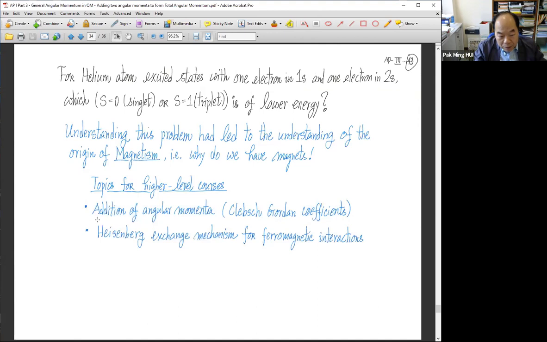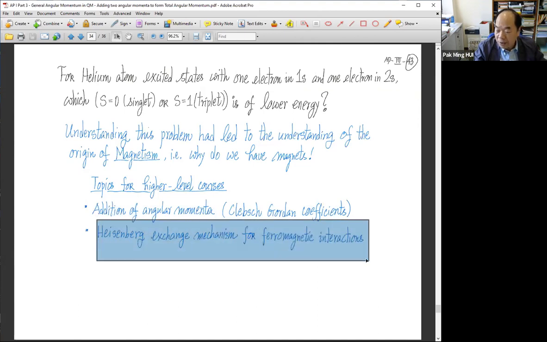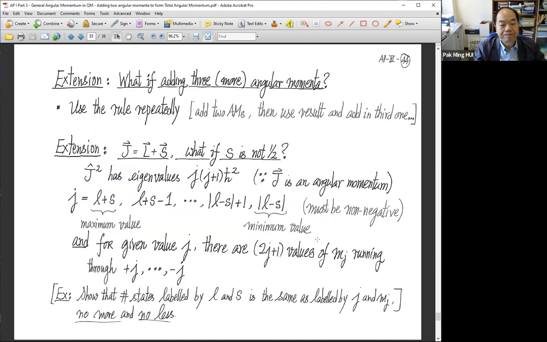We will do a little bit of this in the helium atom discussion later. And final remark, we know how to add L plus a half, and we know how to add half plus a half. But in general, when we have 5 electrons, we have half plus half plus half plus half plus half, right? So there are many possibilities.